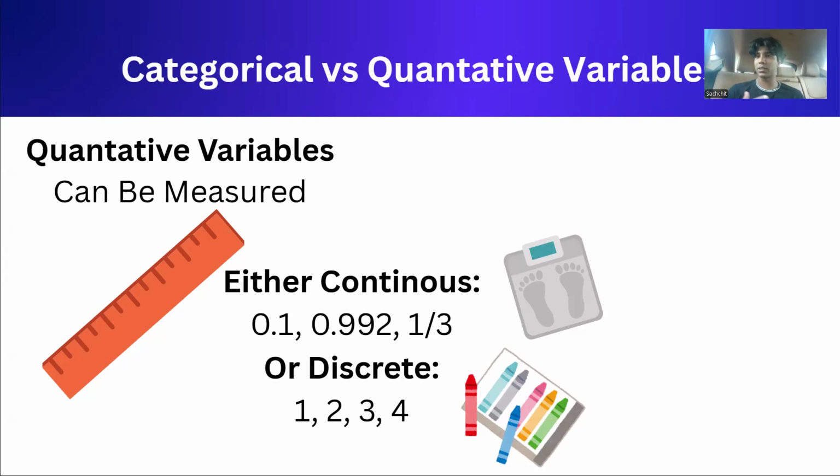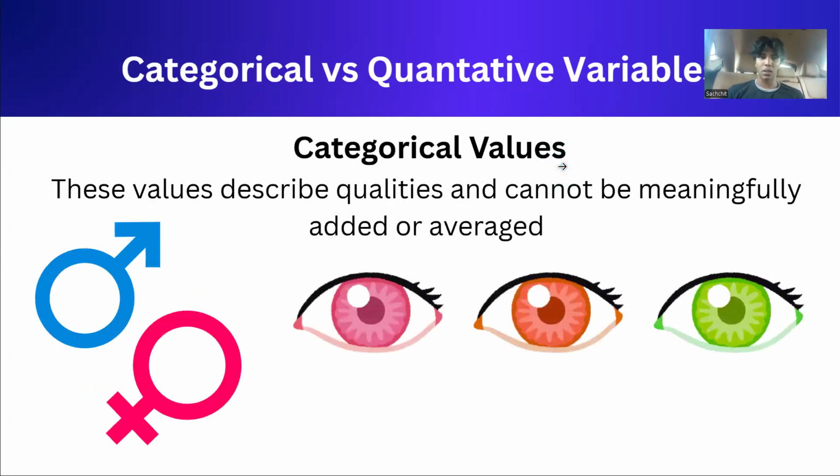And discrete is things that are countable: 1, 2, 3. How many crayons are in a box? 5 crayons. How many candies are in a jar? 100 candies. Categorical values describe qualities and cannot be meaningfully added or averaged.